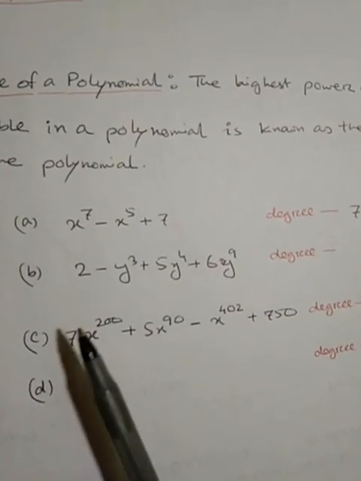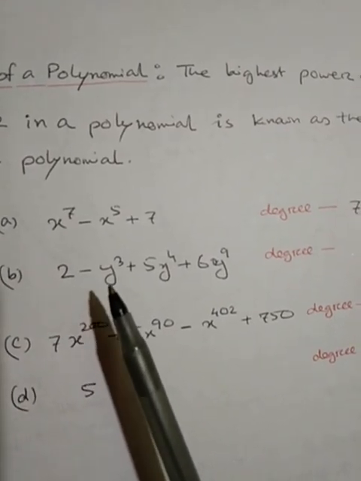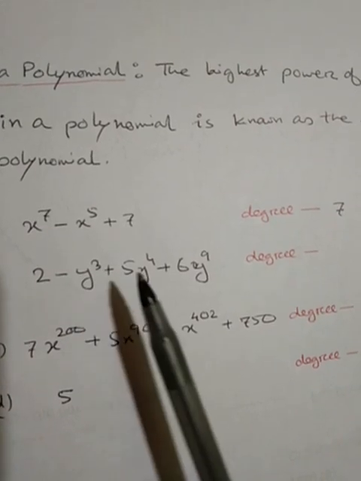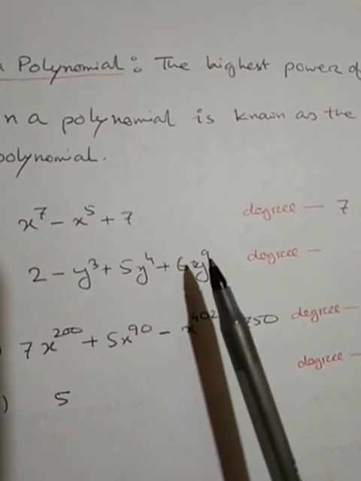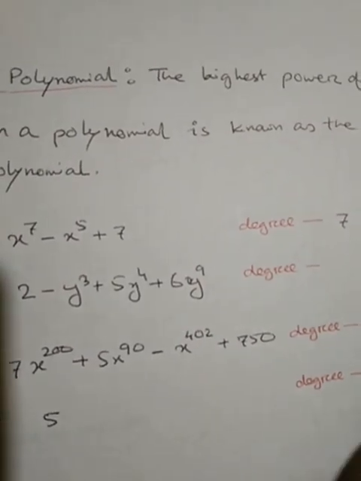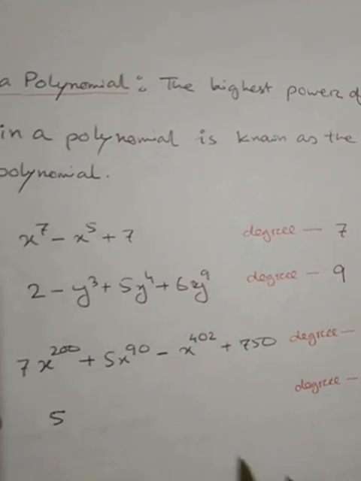Next, similarly, in this polynomial having variable y, if we see the highest power, here it is 3, here it is 4, here it is 9. So the highest power is 9, then the degree will be 9 here.